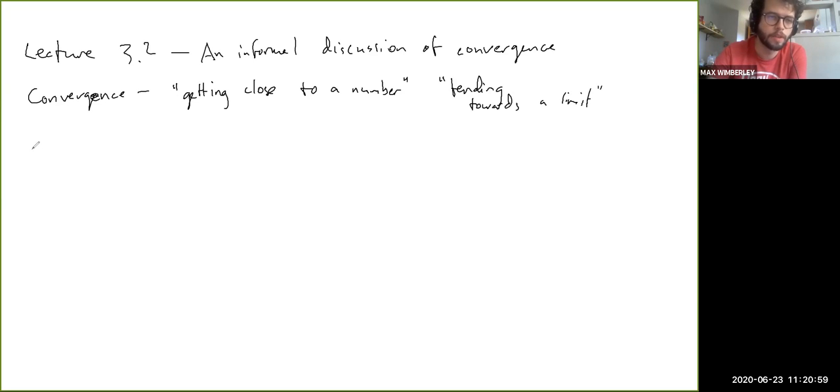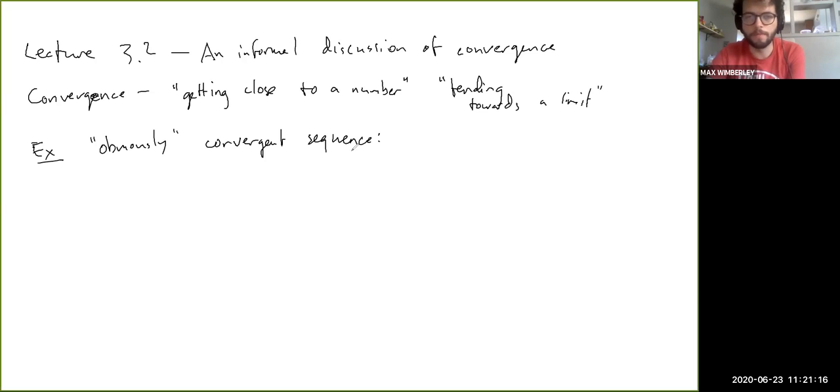Okay, so here's an example of an obviously convergent sequence. Actually, the most obviously convergent sequence would just be a constant sequence, a sequence that's constant clearly just converges to whatever value it's constant at.